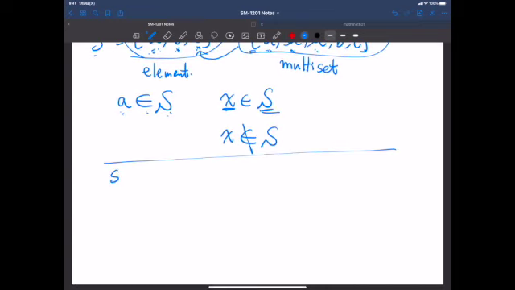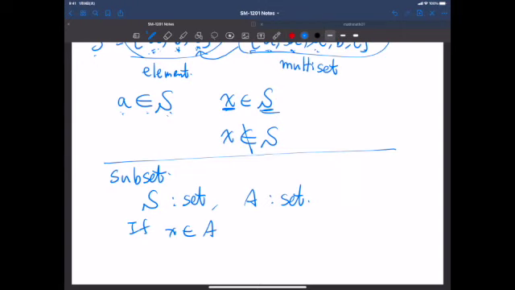And we also define subsets. Let's say S is a set, and A is also a set. Okay, if X is an element of A, so this statement is a proposition, right? It's either true or false.